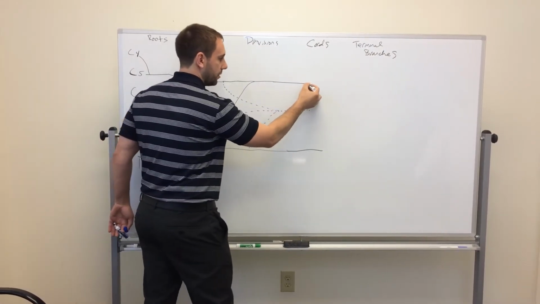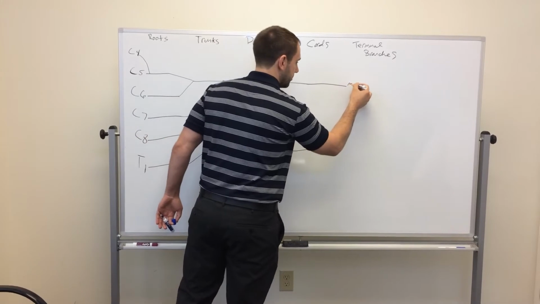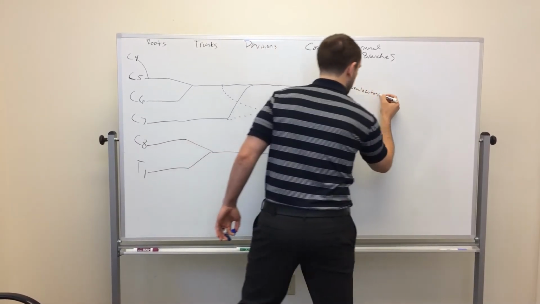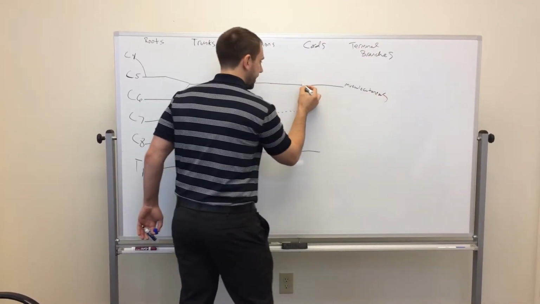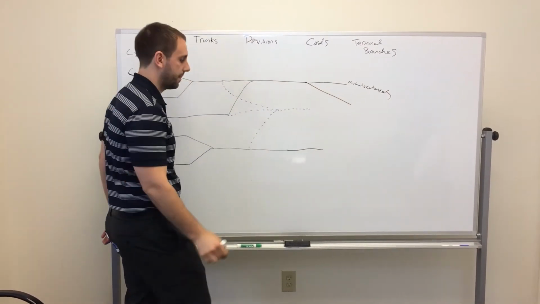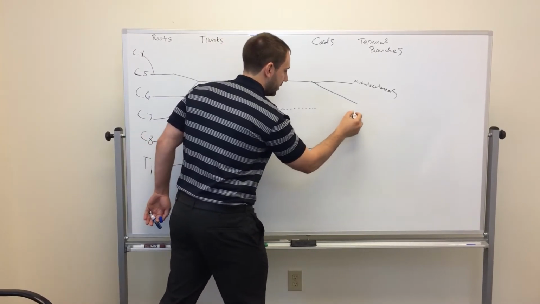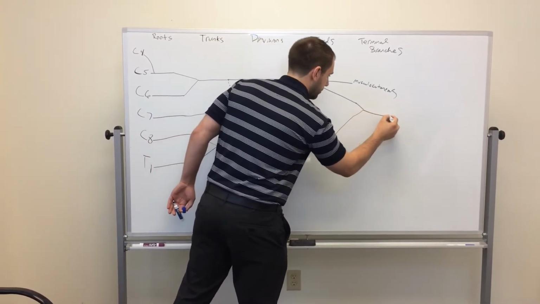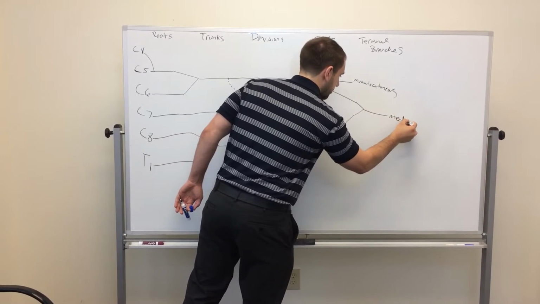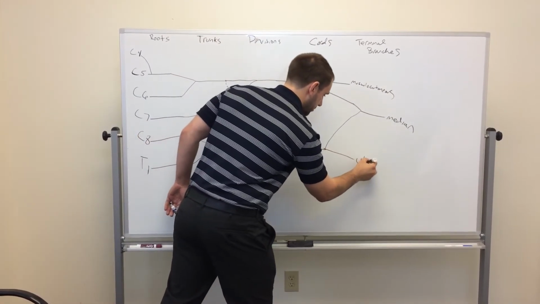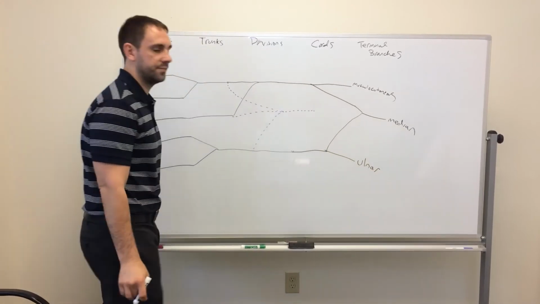From the lateral cord, we have the musculocutaneous and a branch to the median. From the medial cord, there's the second branch to the median, and also from the medial cord, we have the ulnar.